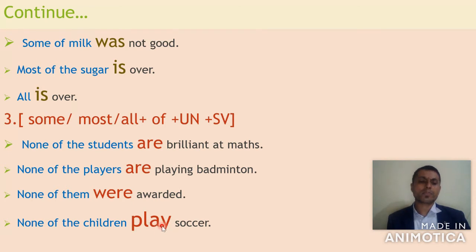All of these are plural verbs. So now the structure, please look at here: none of plus plural subject, you can see all the plural subject here, plus, and then agrees with what, plural verb. Never forget, most of the students get confused regarding the subject and the verb.